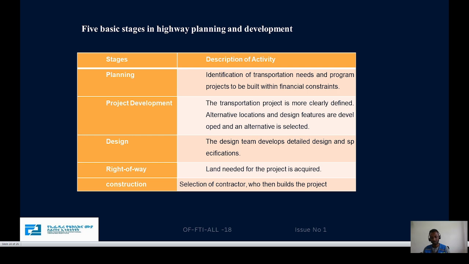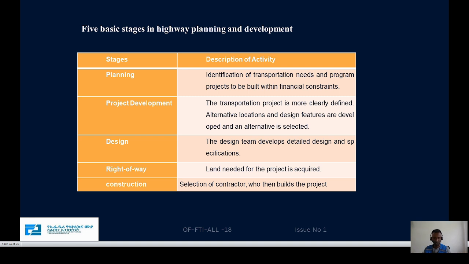So select one, for example a capacity problem. Coming to project development, with a capacity problem there are different alternatives to mitigate it.